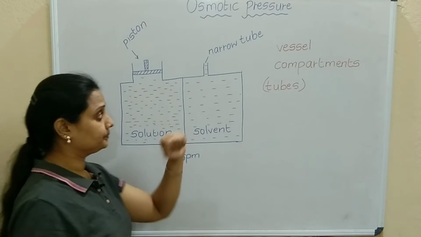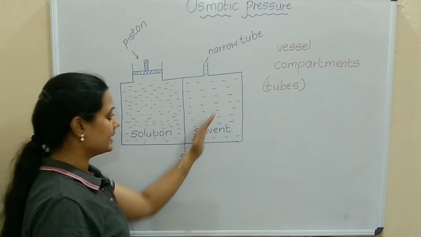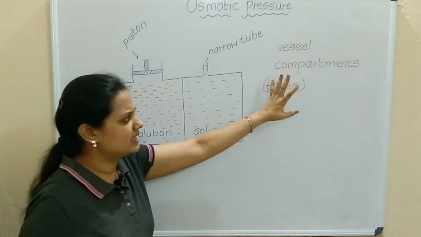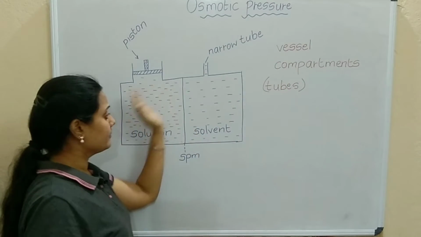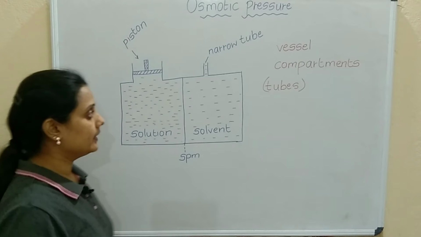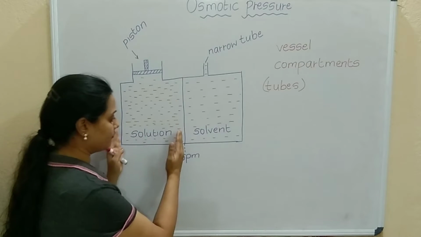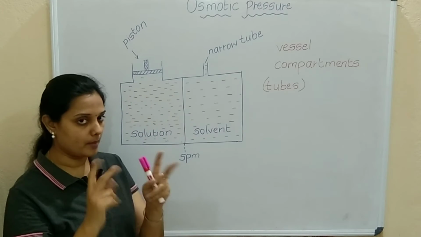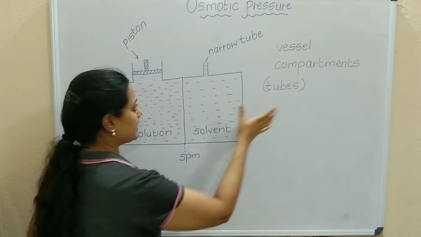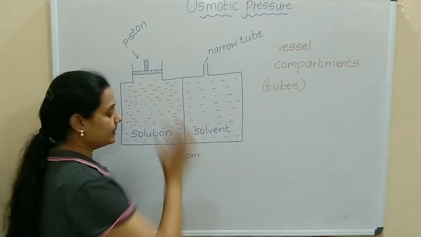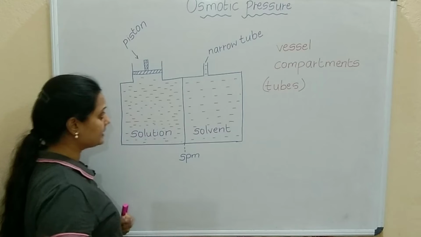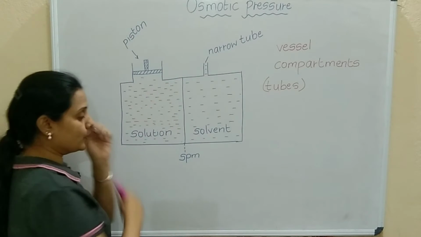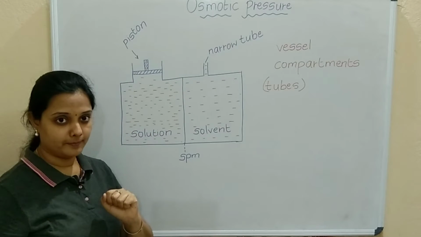Osmotic pressure, we are taking a vessel. I have written few words, there are 3 words. So we are taking a vessel which has 2 compartments. Tubes are attached, one is a narrow tube in one of the compartments and a wider tube in the second compartment.